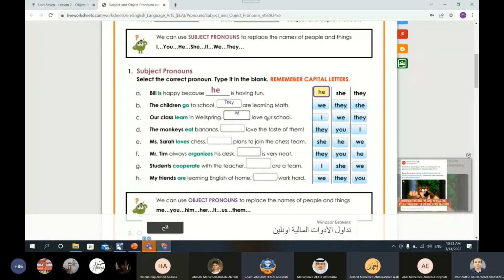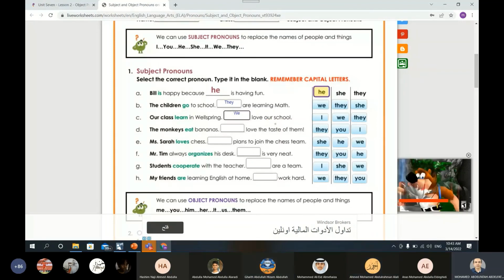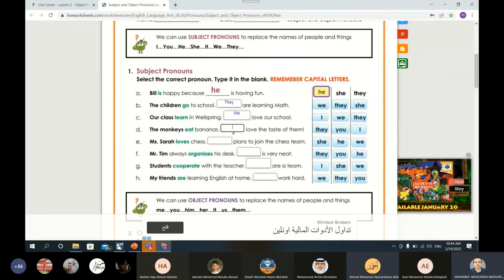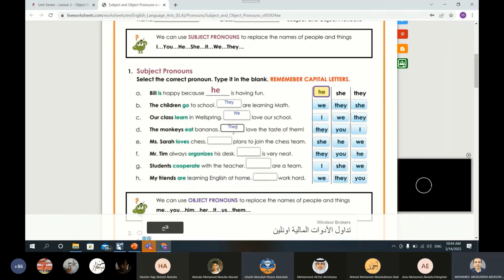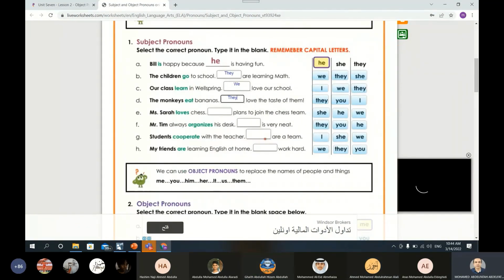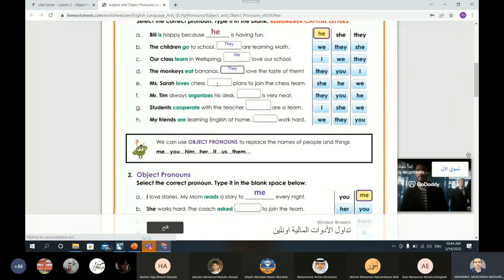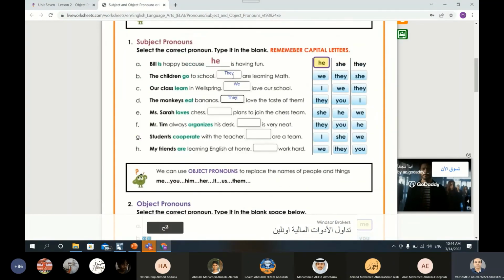Look here, our school. Yes, we love our school. D, the last one here. The monkeys eat bananas. They love the taste of them. Today, students, you have to complete this activity on your own. These three, they, we, they, are the subject pronouns.